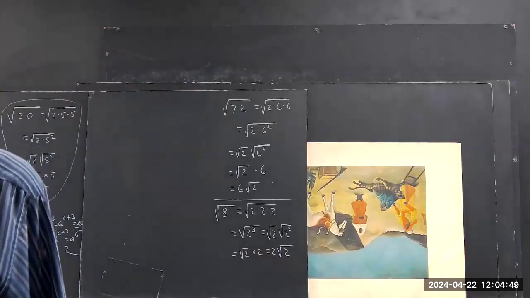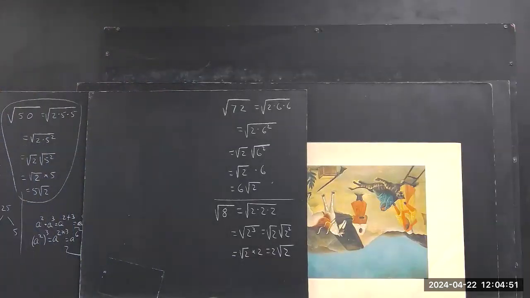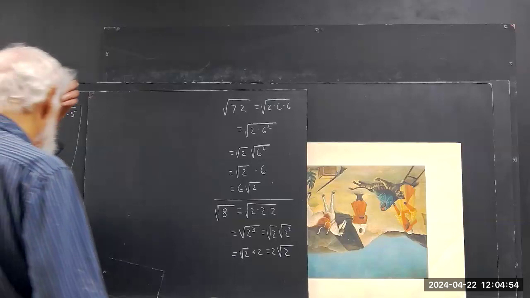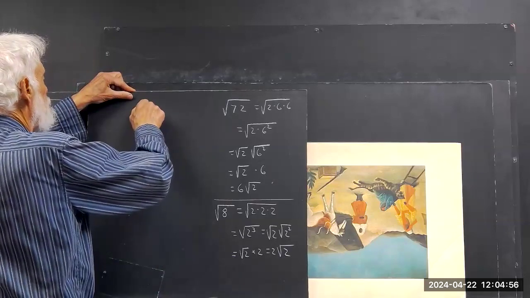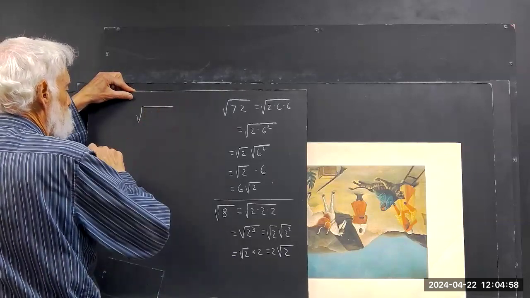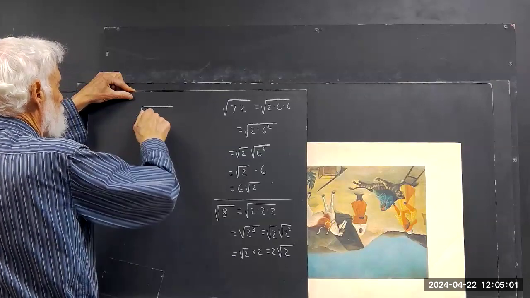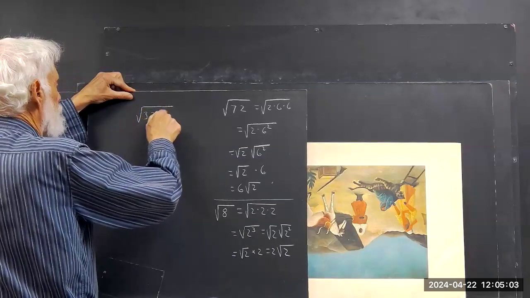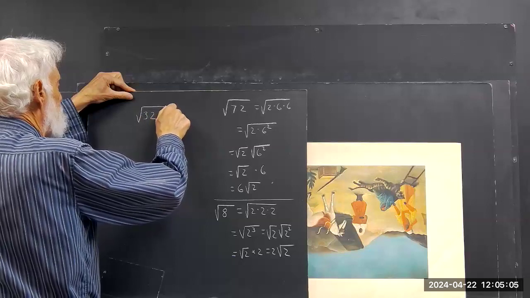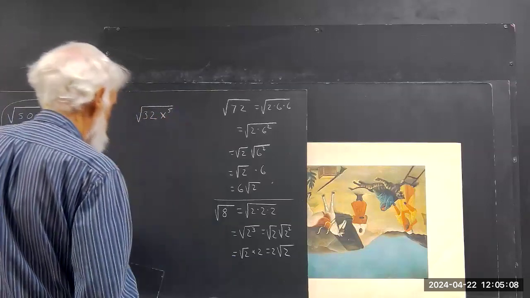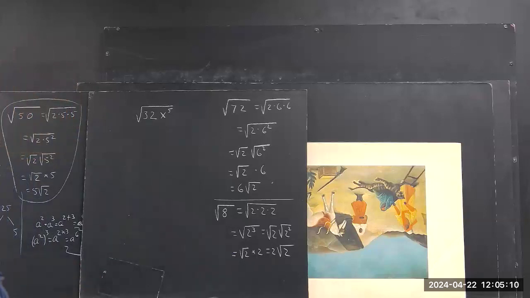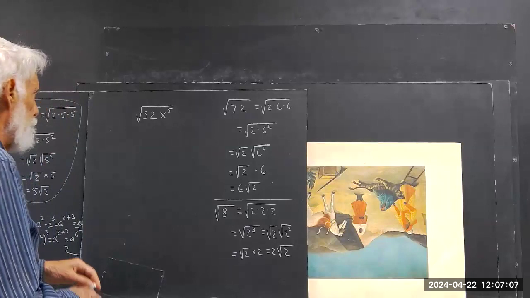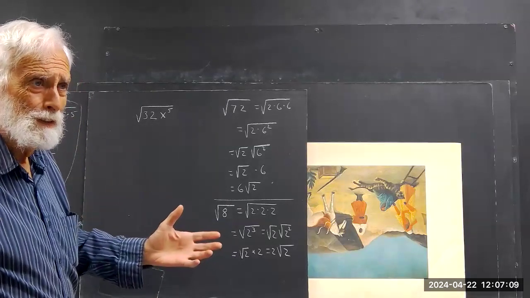Okay. Now let's mix up some numbers with symbols. Let's think about the square root of 32 x to the 5th. Now, it's not unusual for somebody to see this and say, what in the world am I going to do with this?